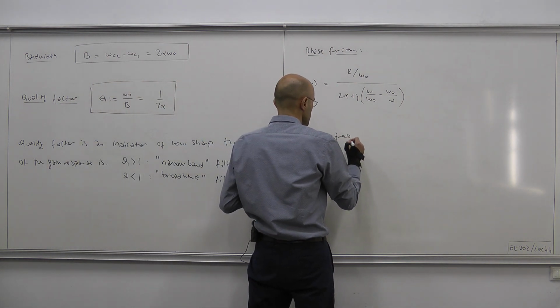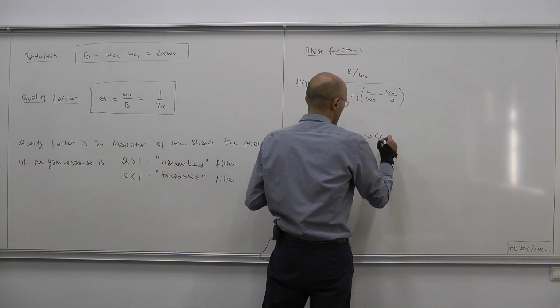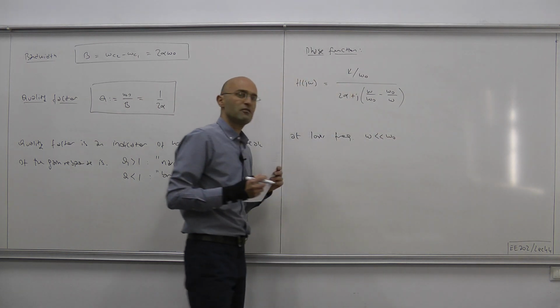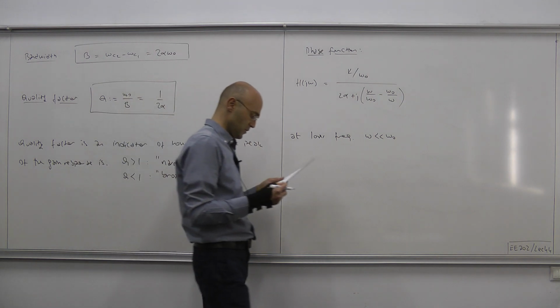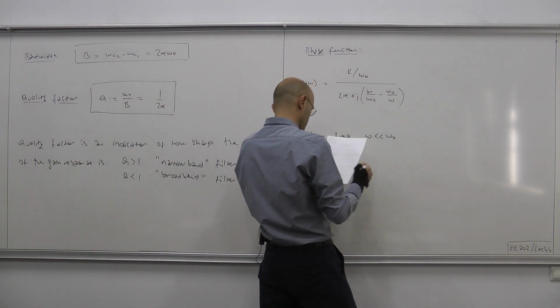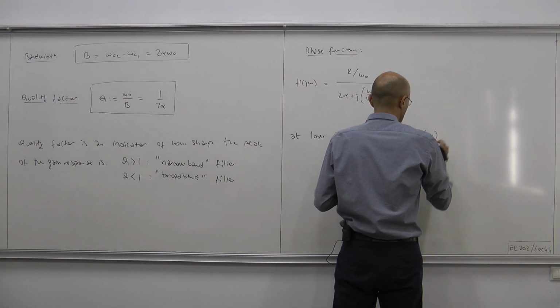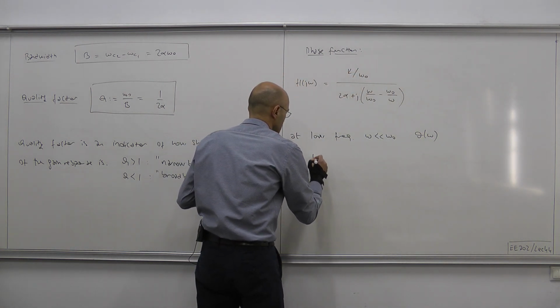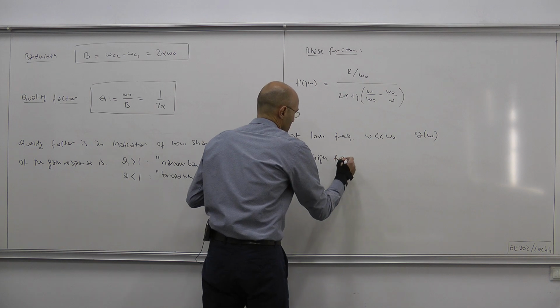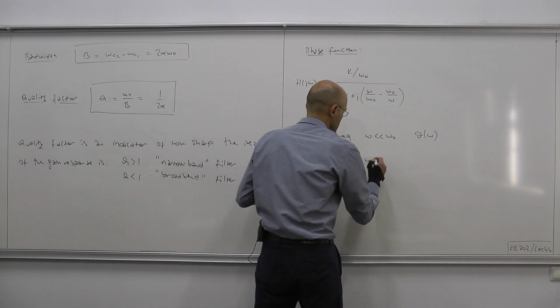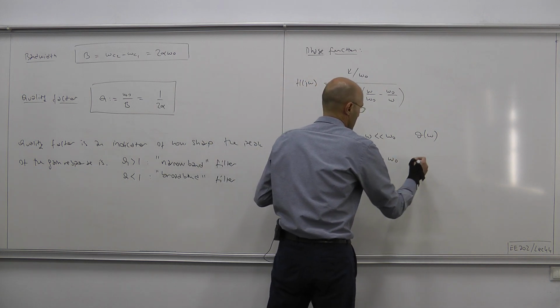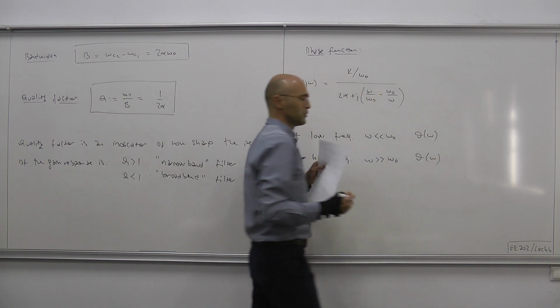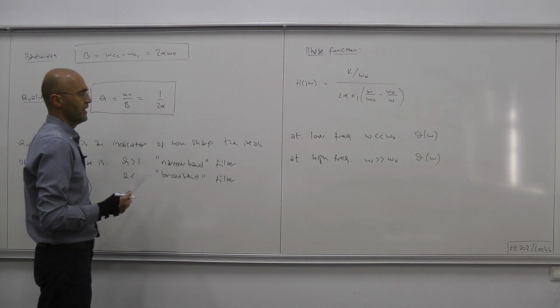At low frequencies, by which we mean omega significantly smaller than omega 0, let's figure out what happens to the phase function theta(omega), and also at high frequencies, we will try to figure out what happens to theta(omega).